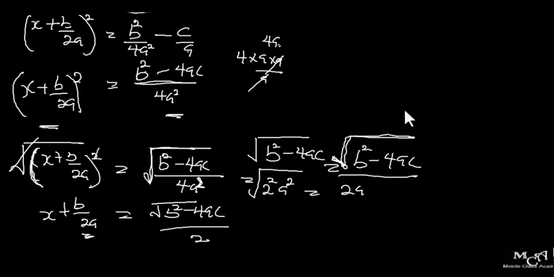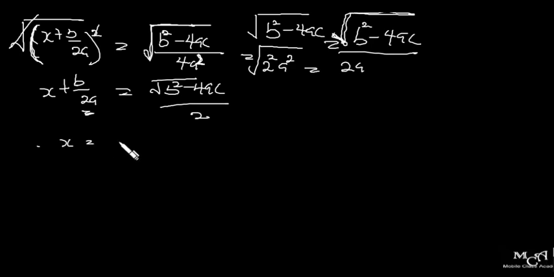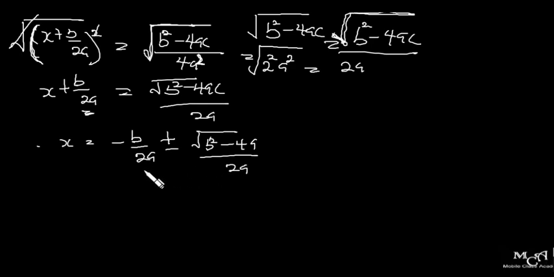We are transferring this expression to the other side. If we do that, our x equals negative b over 2a plus or minus the square root of b squared minus 4ac over 2a. This expression here and here have a common base.